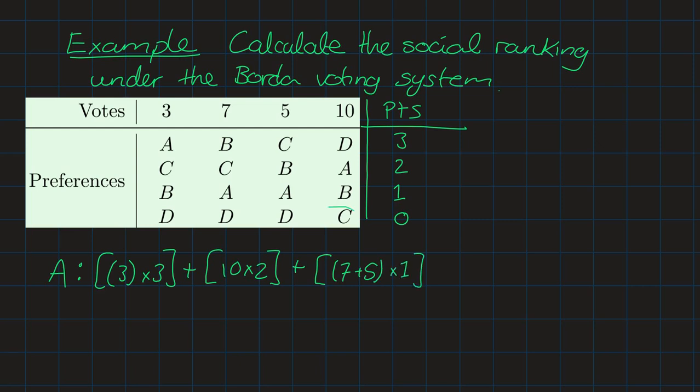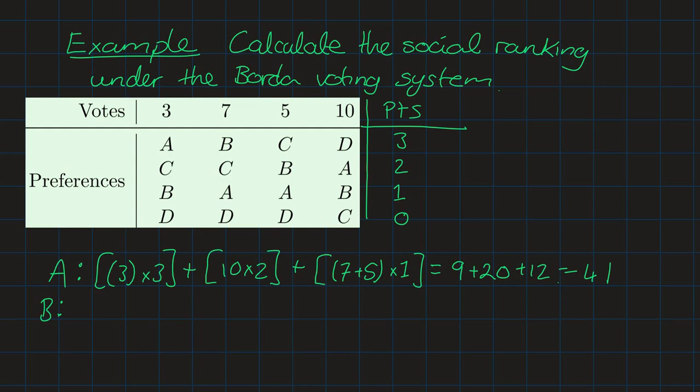And then there's nothing in the last place. So what is this? Well, this is 9 plus 20 plus 12, which is 29, 41. Okay, so A got 41 points.